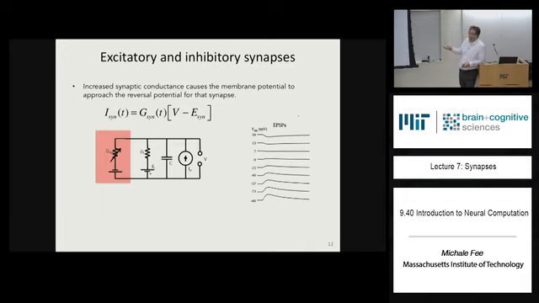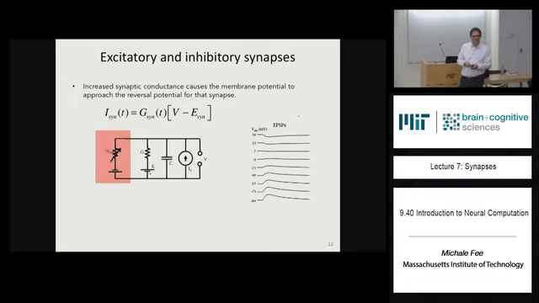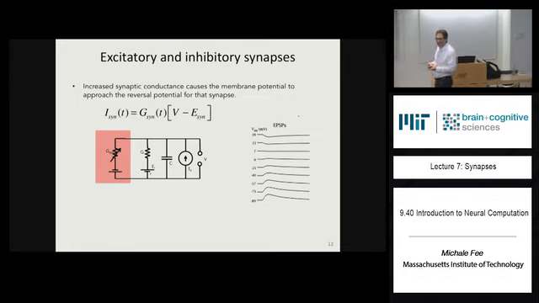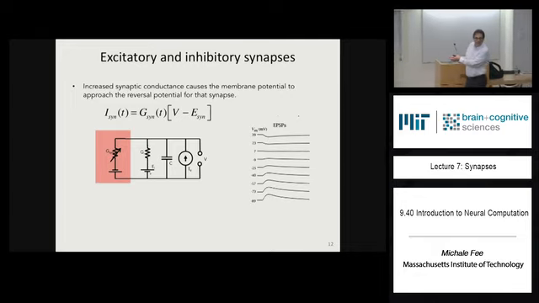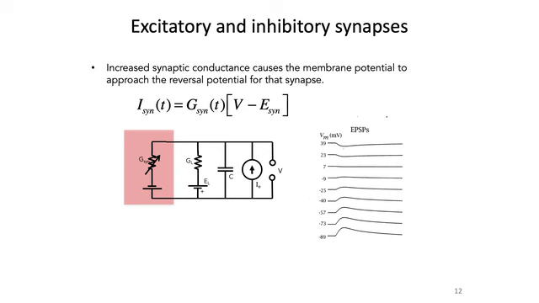Current. Great question. So what happens is we're stimulating the synapse here, it releases neurotransmitter, the conductance goes up, current flows in, and depolarizes the cell.